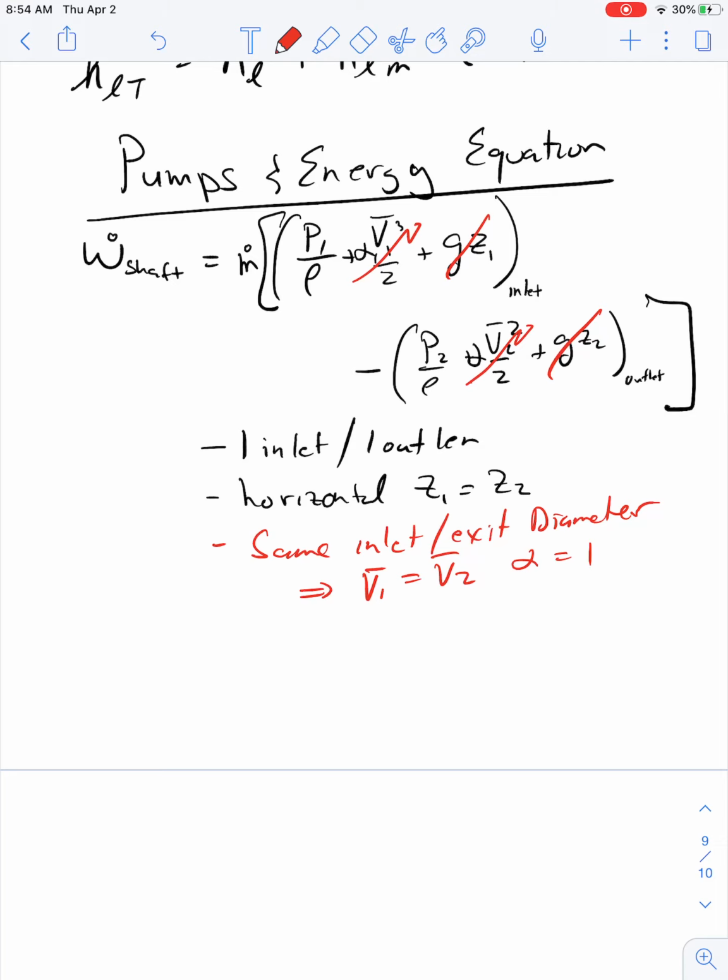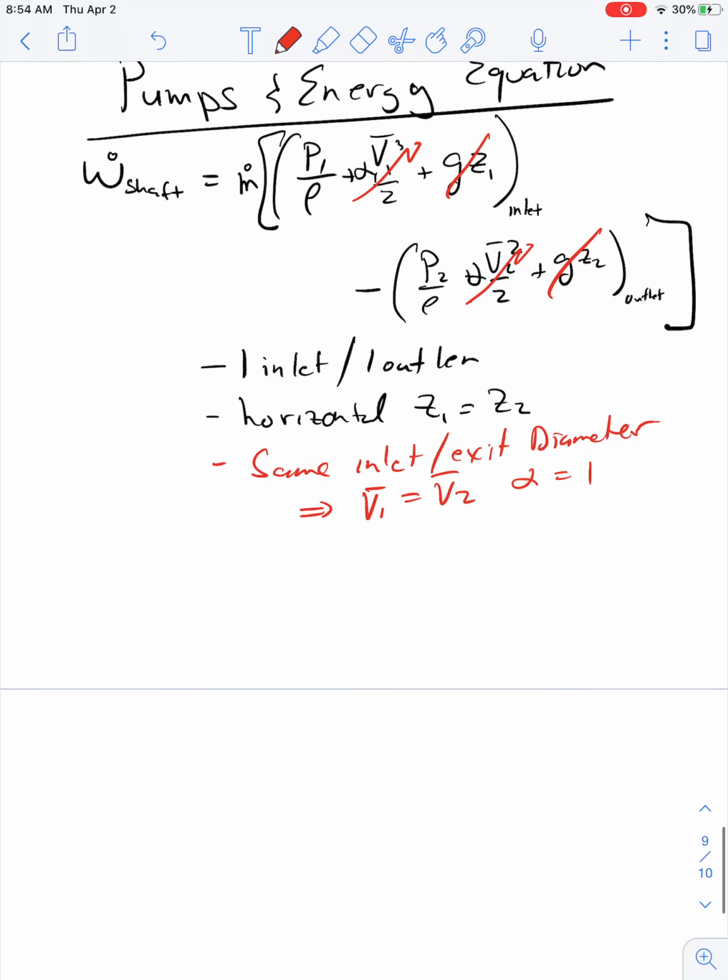Sometimes this doesn't work out, but these cancel out. And so our pump shaft work ends up being equal to m dot times delta P, P1 minus P2, over rho.